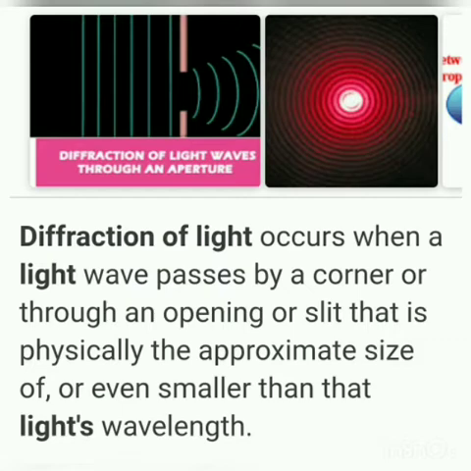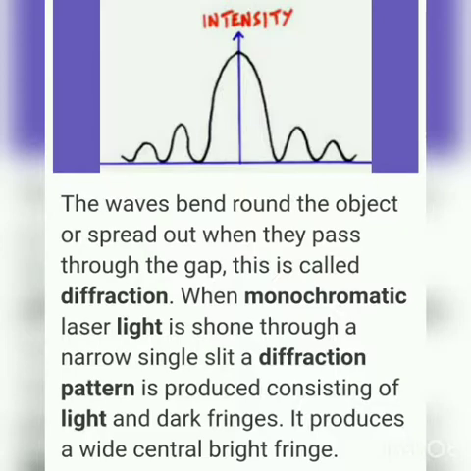What about the intensity? The central band, the intensity is maximum, and on the side bands, the intensity goes on decreasing. So, what is diffraction? The bending of light when it passes through opaque obstacles or a single slit is called diffraction.